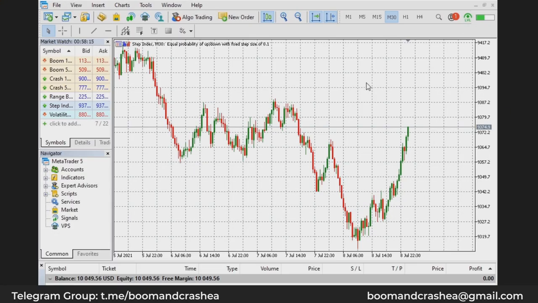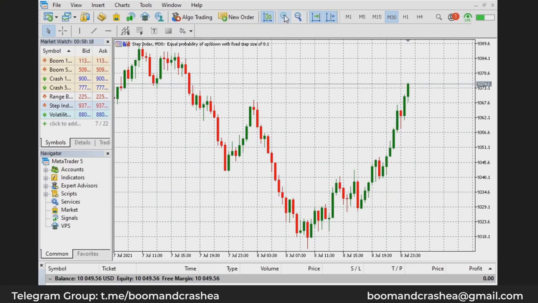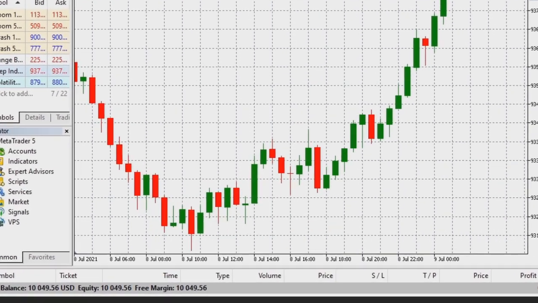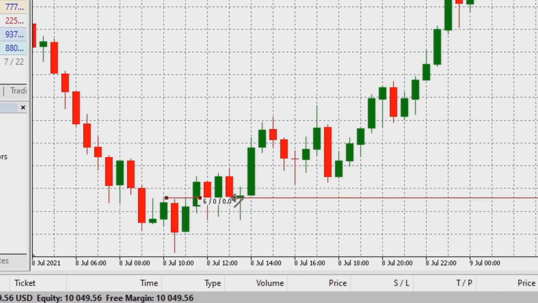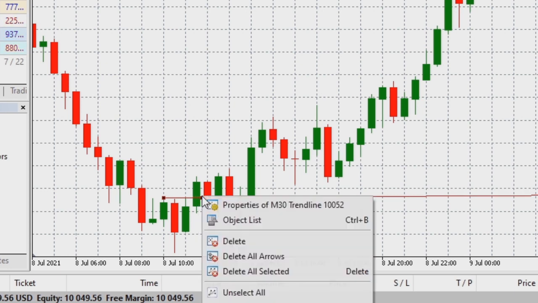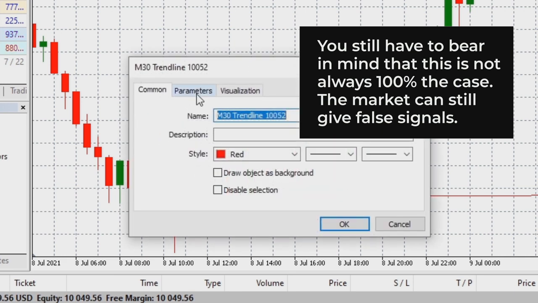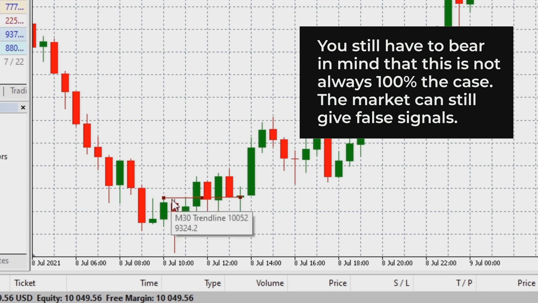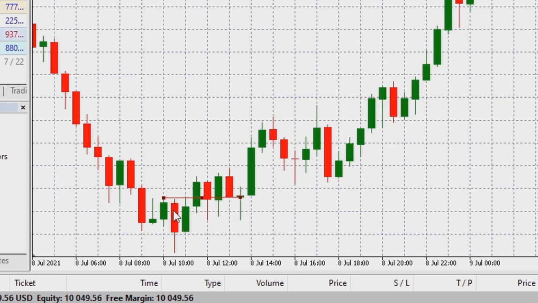If you come here to the real life charts, you can see that at this point you can even spot a hanging man here with a long shadow at the bottom, and then right above the high of the hammer, we have a buy, and the market goes into a buy zone.